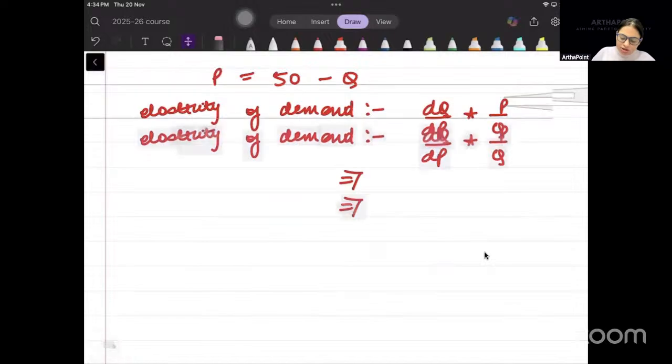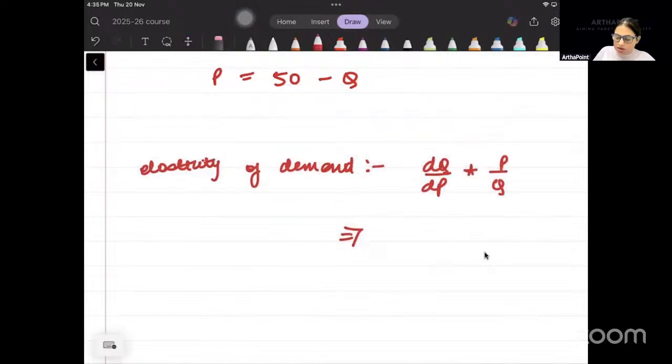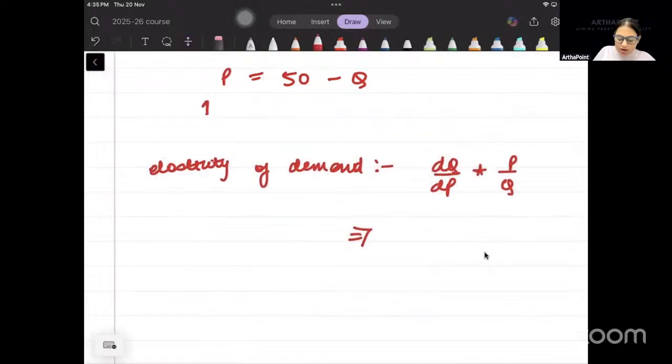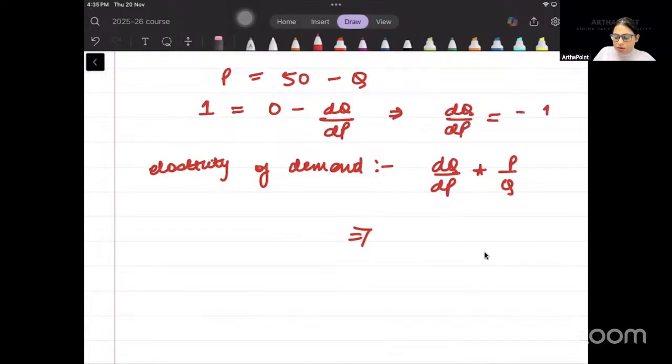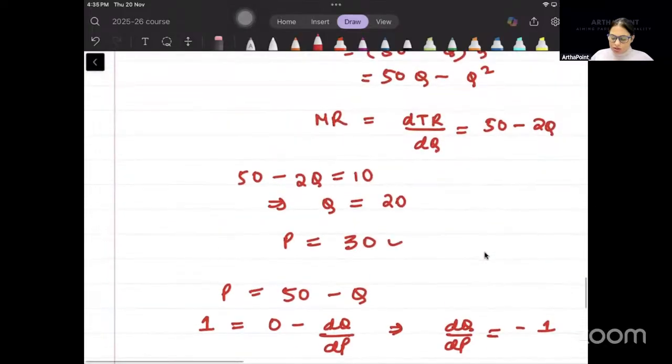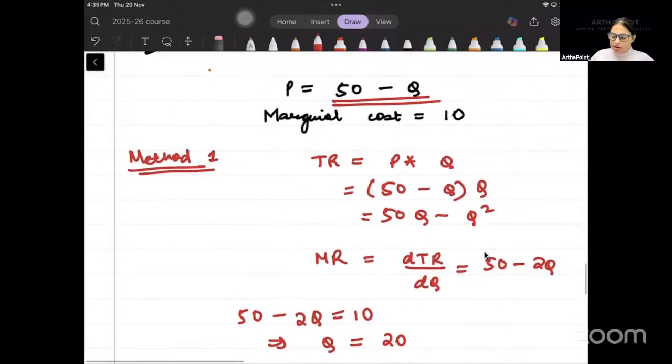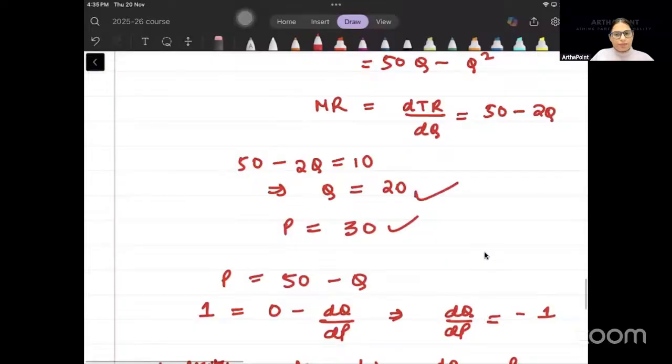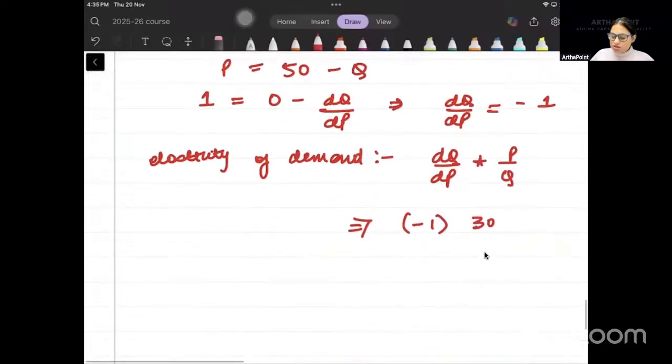If I differentiate throughout with respect to p, I'll get 1 is equal to 0 minus dq by dp. So I'll get dq by dp is equal to minus 1. And price is what? 30. And quantity is what? 20. तो प्राइस की जगह 30 एंड क्वांटिटी की जगह 20, तो -3/2.